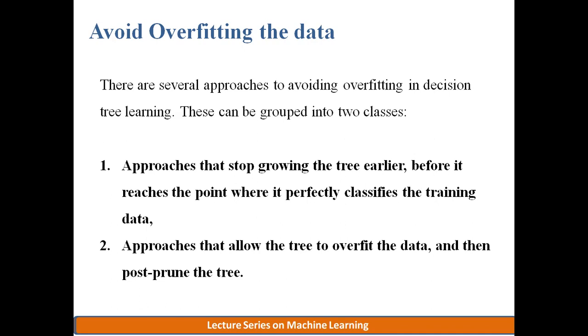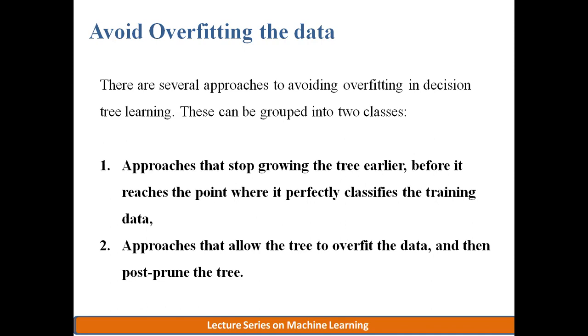They are grouped into two classes. The first is the approaches that stop growing the tree earlier, before it reaches the point where it perfectly classifies the training data, and second is the approaches that allow the tree to overfit the data and then post prune the tree.